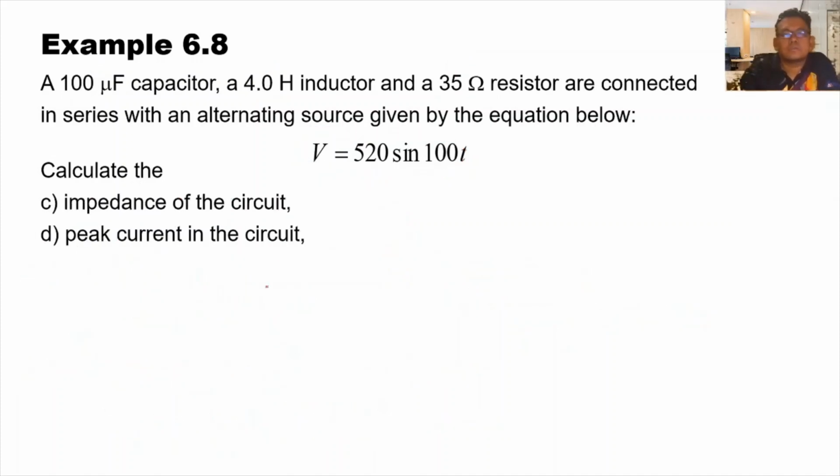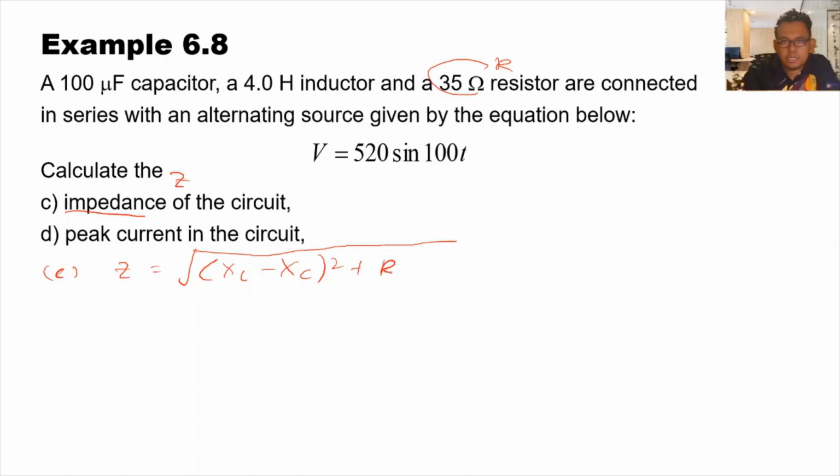Okay, next. Question C asks us to find impedance Z. So just now we already have XL and XC, and the equation is also given here, with R. So we just substitute all the values into the square root of (XL minus XC) squared plus R squared.